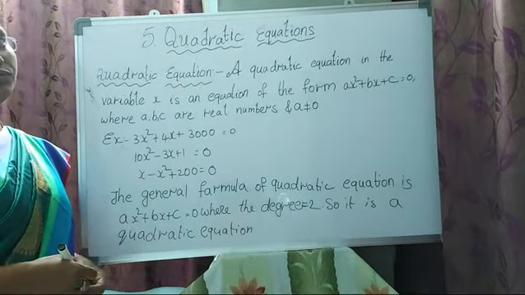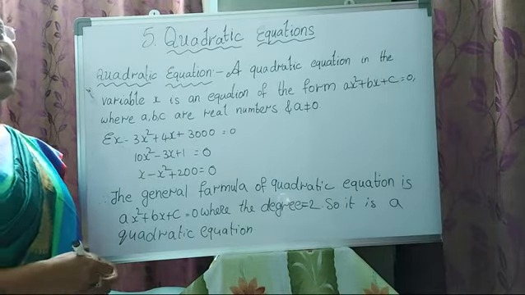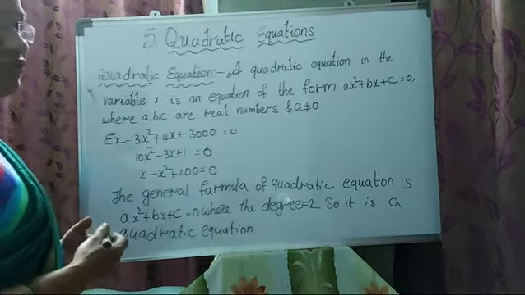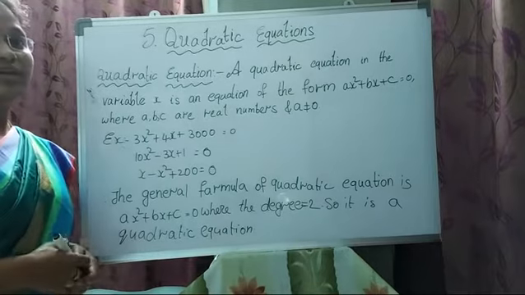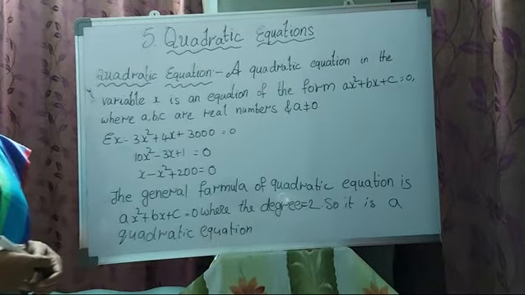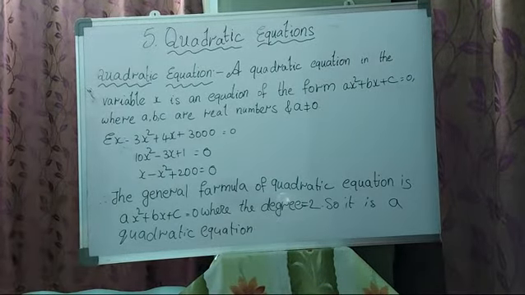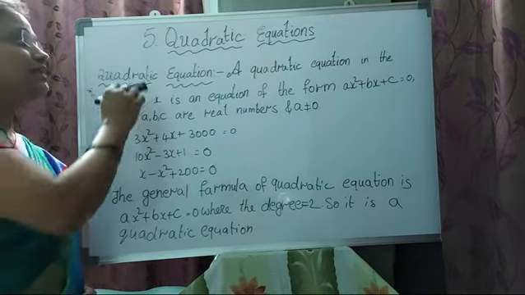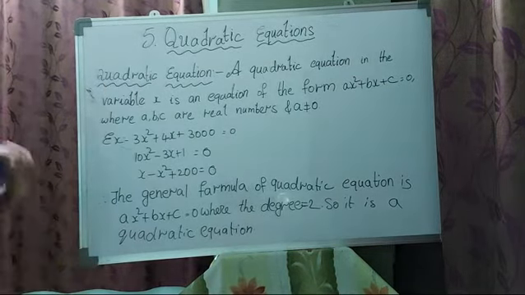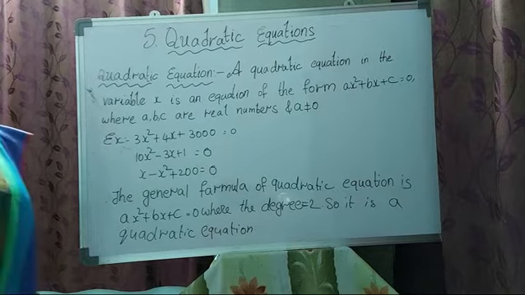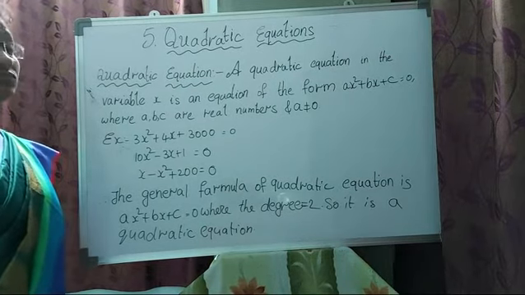Watch the videos once again and cover your mistakes. Today we are going to start a new chapter, quadratic equations, which is your fifth chapter. See here, what is a quadratic equation?